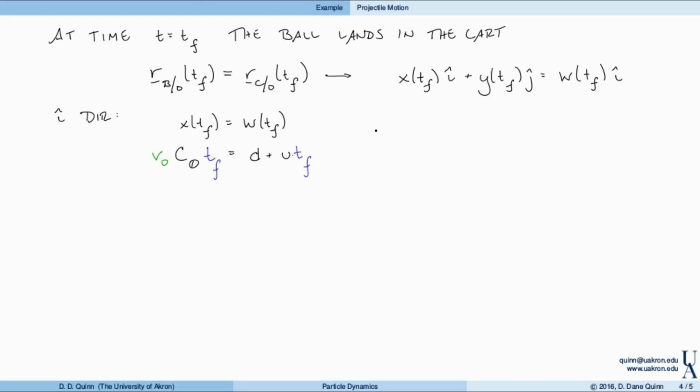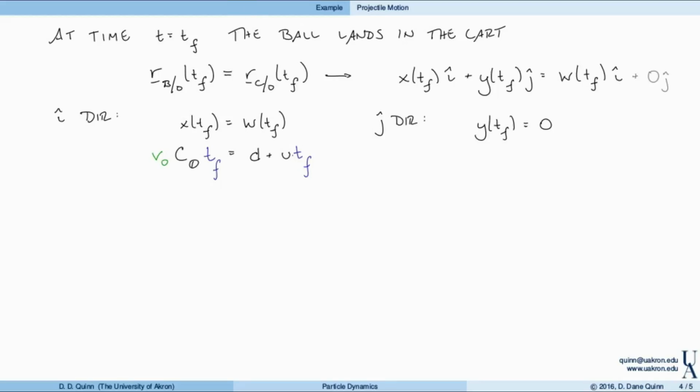That's one equation, and the other comes from the component in the j direction, which reduces to y of t final equals 0. Notice that there's no component in the j direction, but we could just as easily write 0 in the j direction. So y of t final is equal to 0.